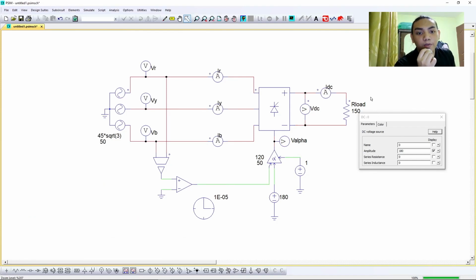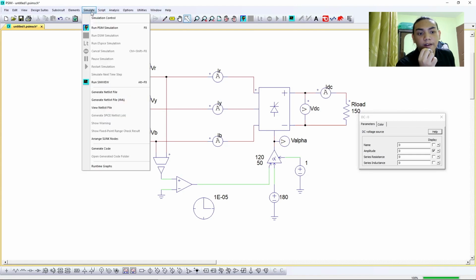Next is experiment 2. We have to observe the VDC value for the different firing angles. Here we start at 0 firing angle.